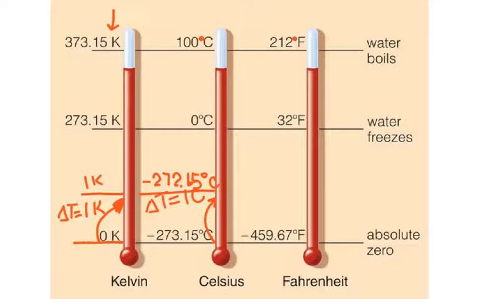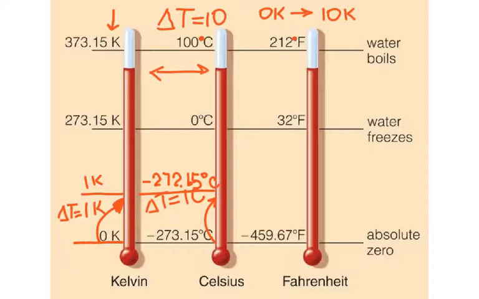And you don't have to convert from Celsius to Kelvin and back if you see delta T. So let's say you had the temperature went from 0 Kelvin to 10 Kelvin, then delta T is equal to 10.